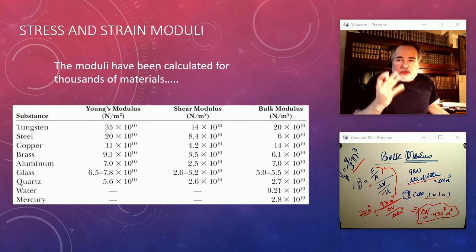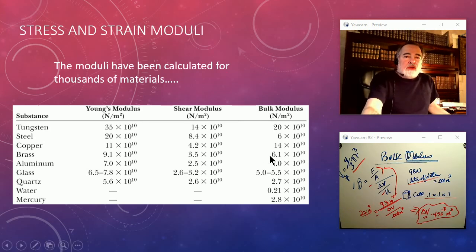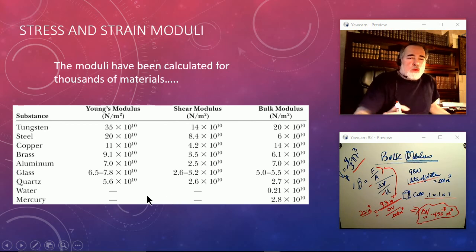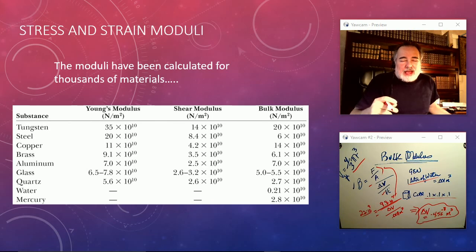You have to figure out what that material is. Notice we don't have a shear or a Young's modulus for water. Obviously, you can't stretch or strain water in that fashion. Can't deform water in that fashion. You can only compress it. Right?